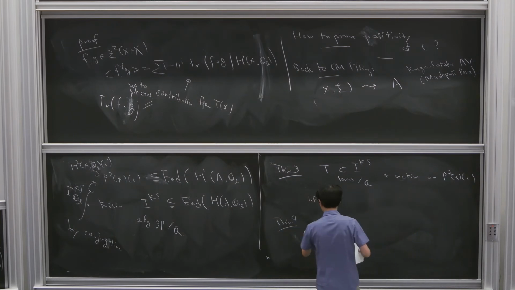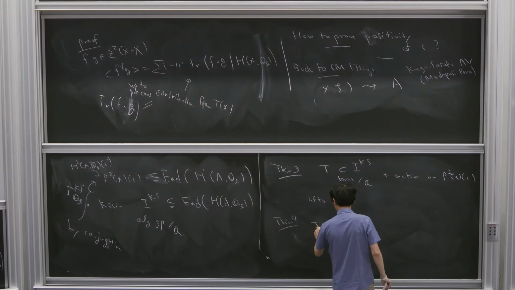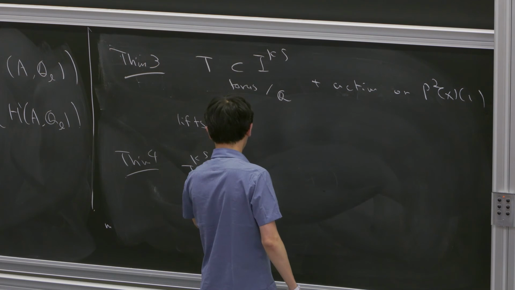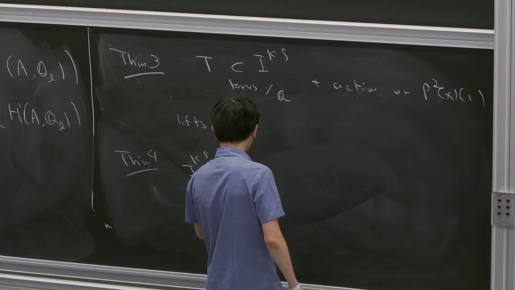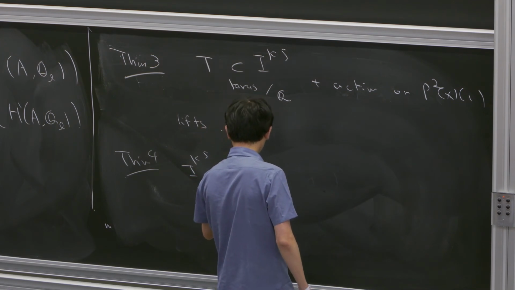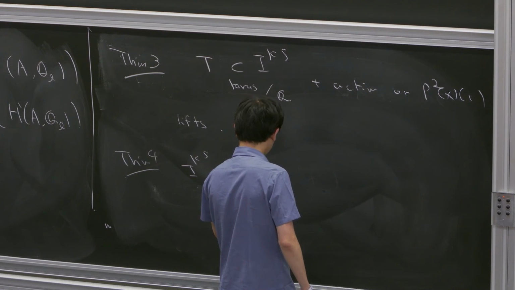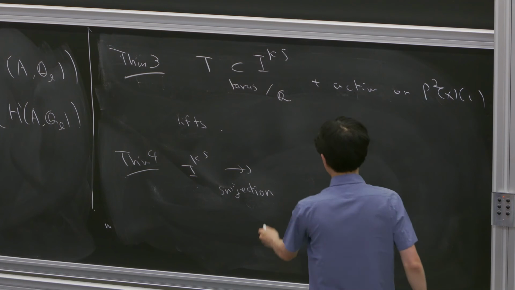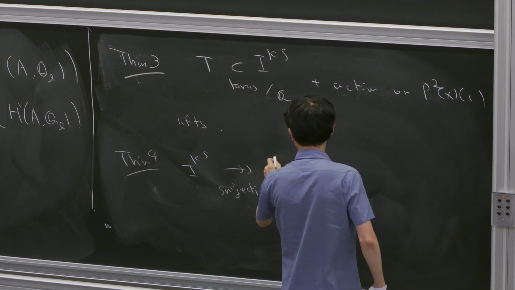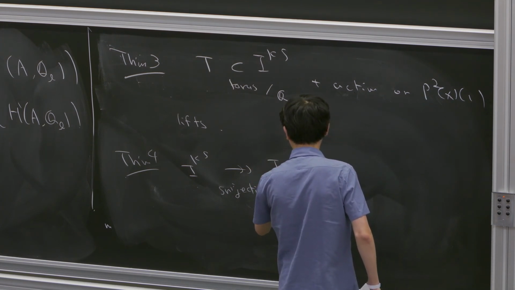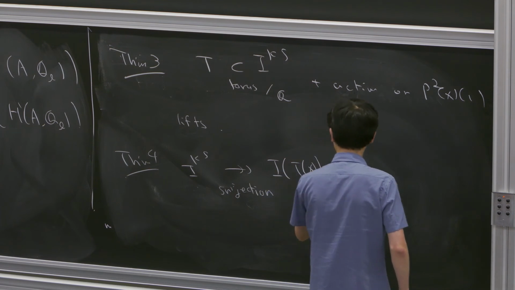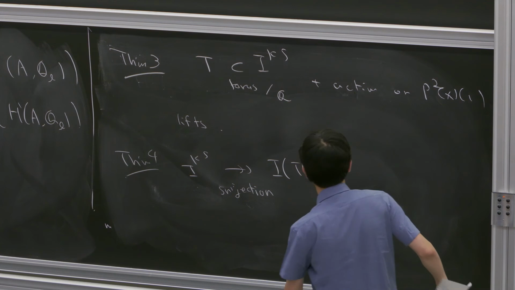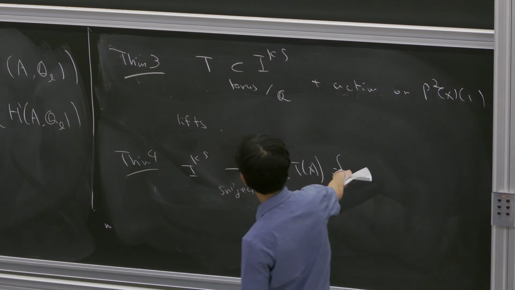So now the claim is there is a surjection from this group I_KS to, say, I_TX, and this is just a group defined by the endomorphism ring of T_X and involution.